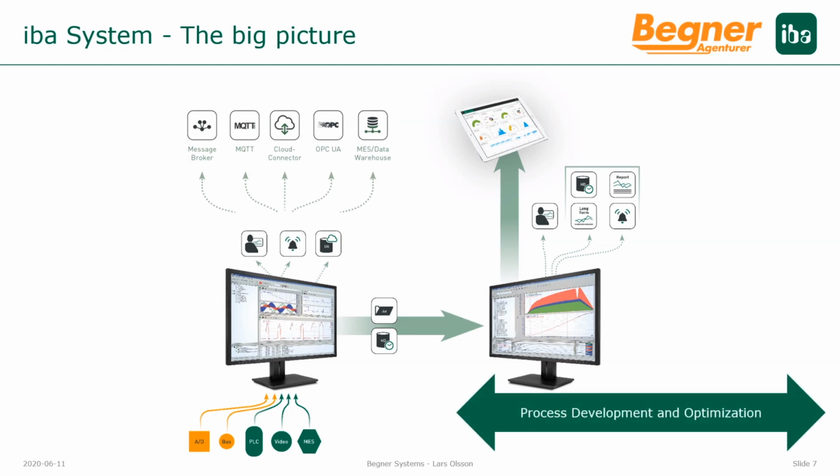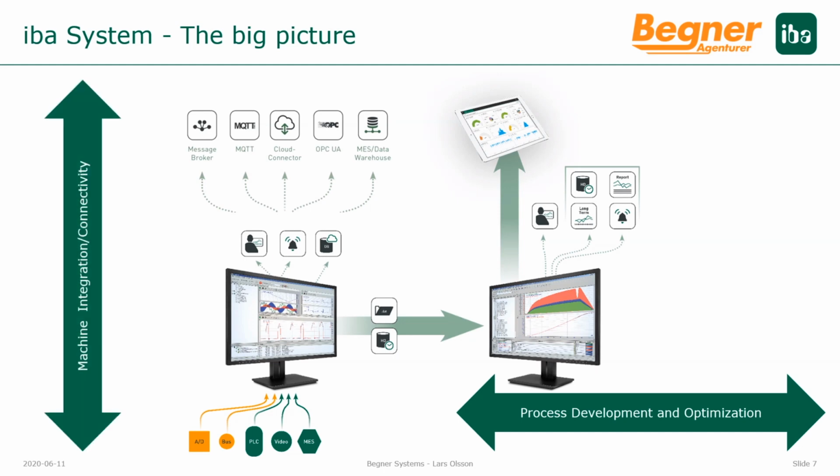So you can think about process development and optimization maybe in this width direction of the slide, and an integration direction will move from south to north in this slide, where you grab data from the processes and then maybe you process them a little bit in the PDA and then you publish them immediately for other systems.